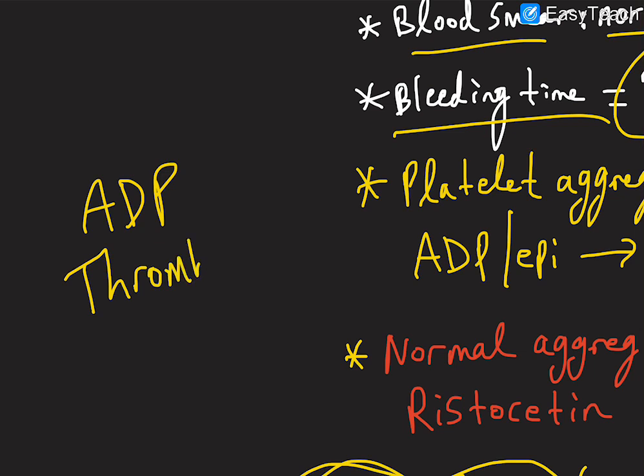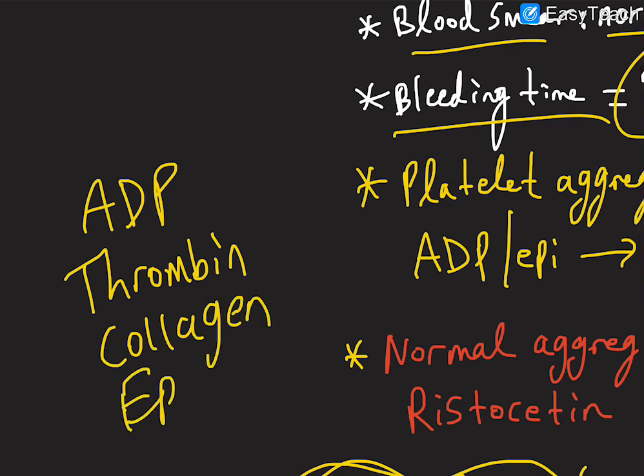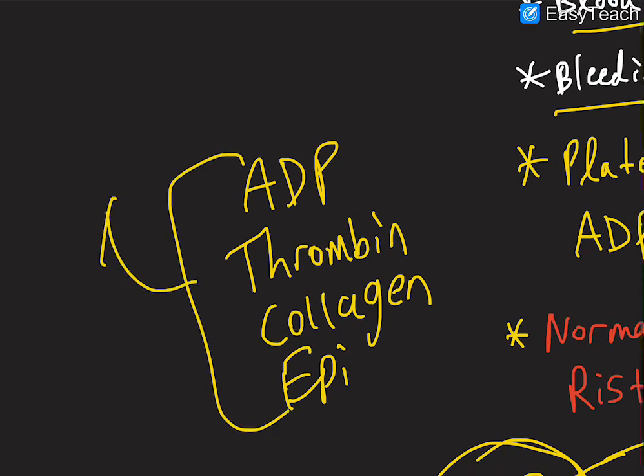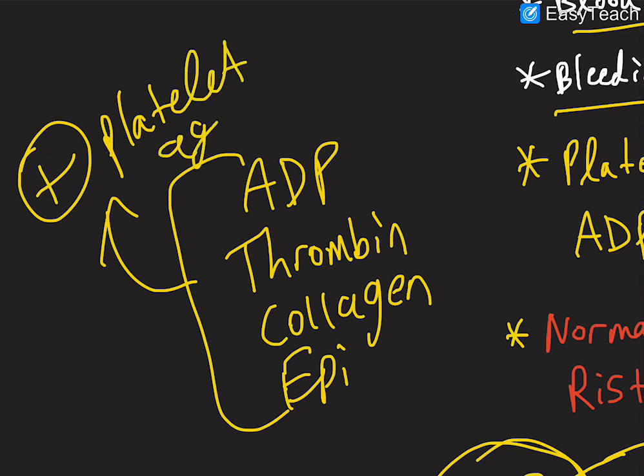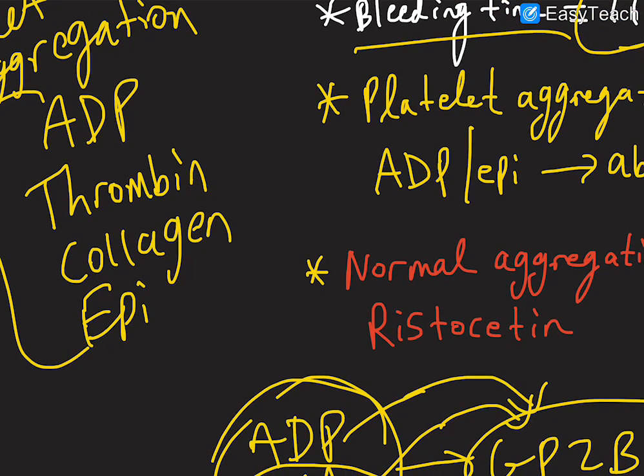Other molecules which we should be familiar with: thrombin stimulates platelet aggregation, collagen stimulates platelet aggregation, and epinephrine stimulates platelet aggregation. Which is kind of interesting, because if you were to give these things to patients with Glanzmann thrombasthenia, then you would not see platelet aggregation.